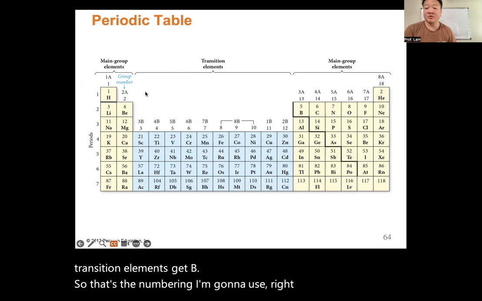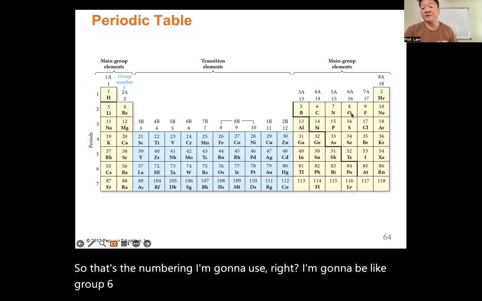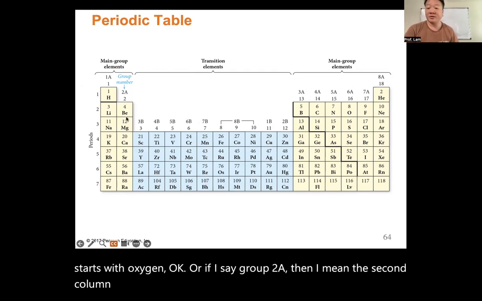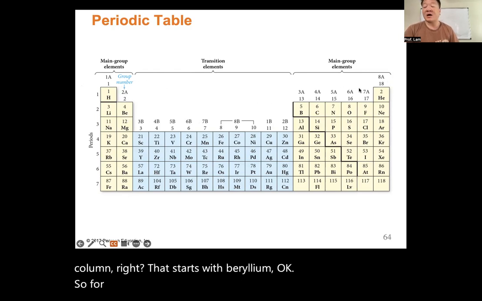I'm going to be like group 6A. Group 6A is column 6A, okay? And that's the column that starts with oxygen, okay? Or if I say group 2A, then I mean the second column, right? That starts with beryllium, okay? So for main group elements, that's how I will refer to them, okay?